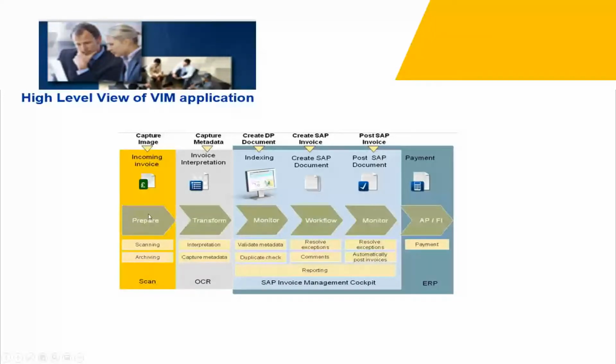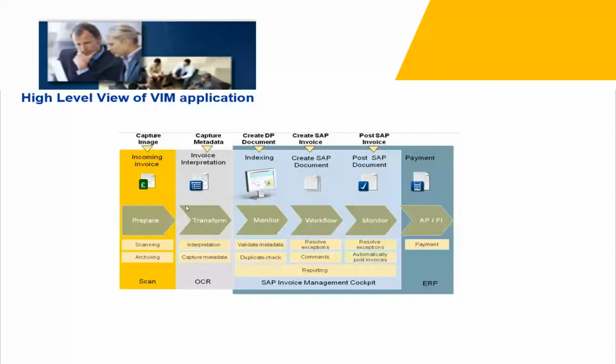Once you get the invoice, it will automatically be archived and stored in the archive server as an invoice image, and after that it will automatically trigger to the BCC or ICC, that is the Business Capture Center or the Invoice Capture Center. There the OCR technology is there. Through OCR technology, the system will detect particular fields and put that data into those fields.